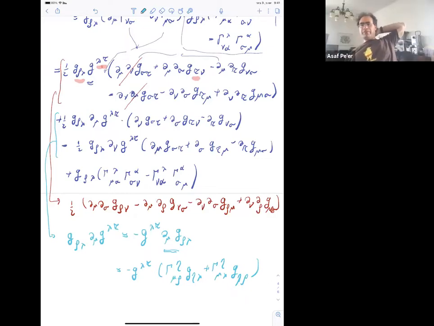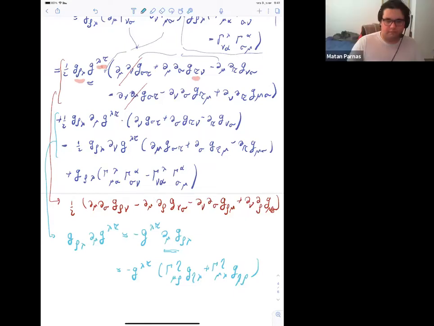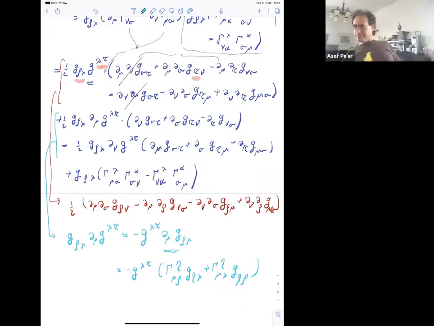Remember that the covariant derivative of the metric, capital D, G mu nu is equal to 0, but capital D of G mu nu is just the partial derivative of G plus gamma times G, sorry, minus gamma times G, right? This is equal to 0, so you can just take it from there, right?